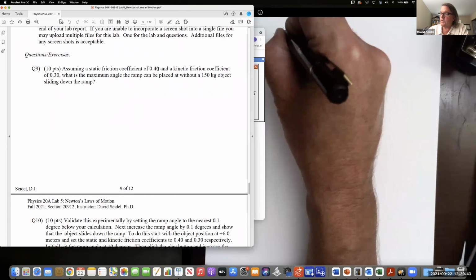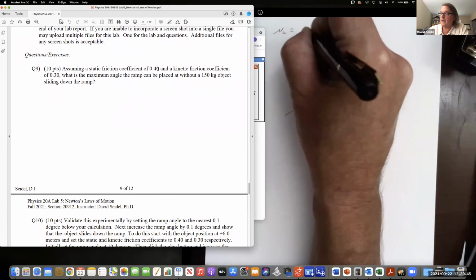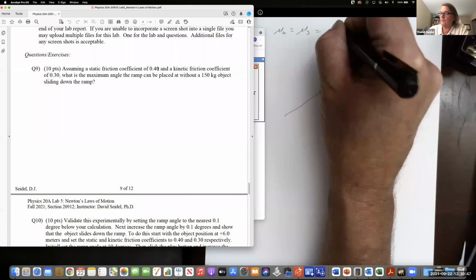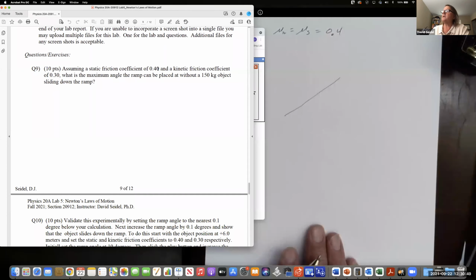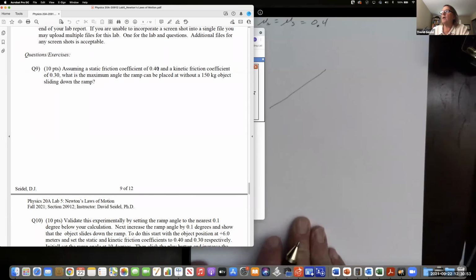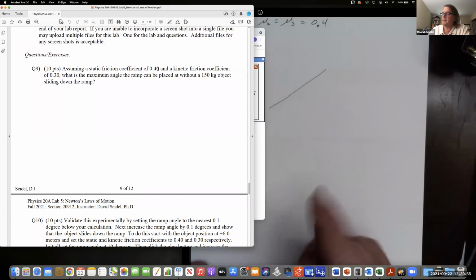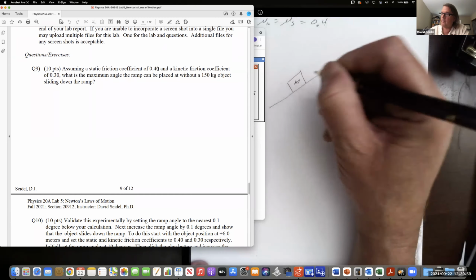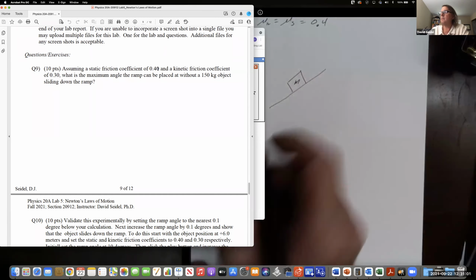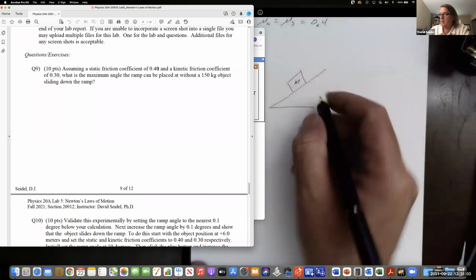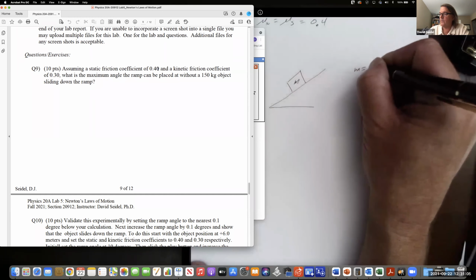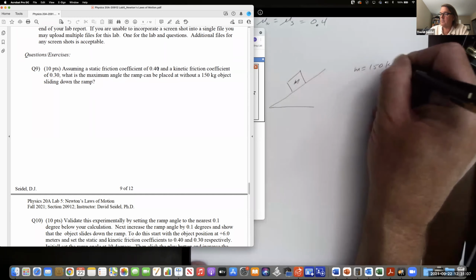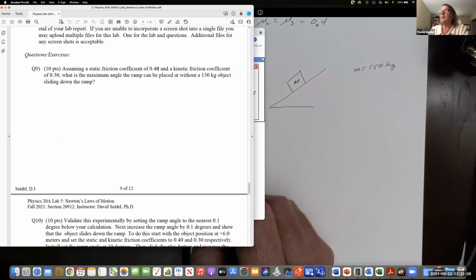I'm going to set mu sub k equal to mu sub s equal to 0.4. We're going to set them equal. Okay. Now, what is the maximum ramp angle I can put a mass at? M equals 150 kilograms, which turns out not to be irrelevant.